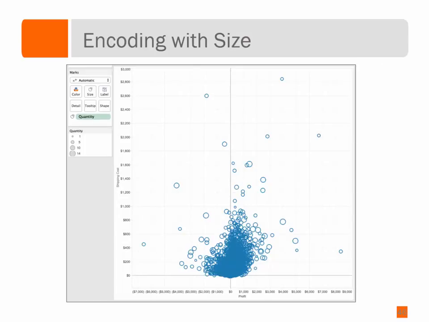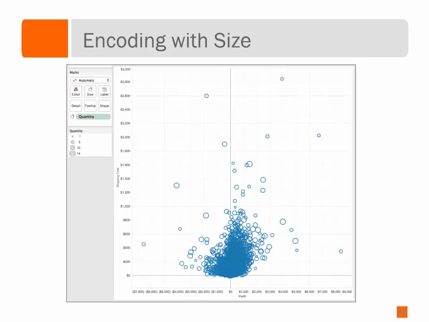Then encoding with size. Here we've taken a measure called quantity, and we've dragged that over to the size mark, and you'll see that these aren't just our standard plotted points. They're circles of different sizes.